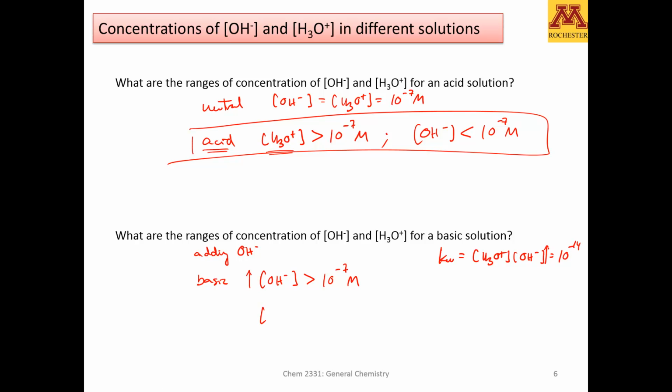So in this case, if the hydroxide ion is increasing, the hydronium has to be decreasing, so that this is smaller than 10 to the negative 7. So these are the criteria for a basic solution. Hopefully that makes some sense. We will apply this criteria to many other problems.